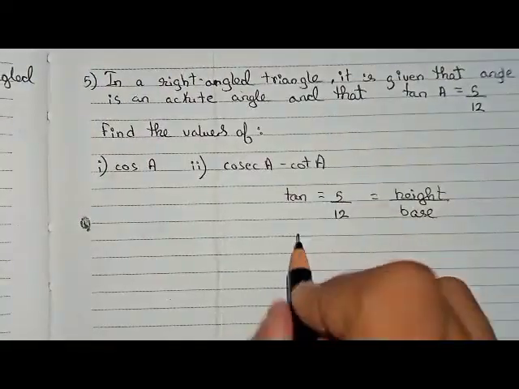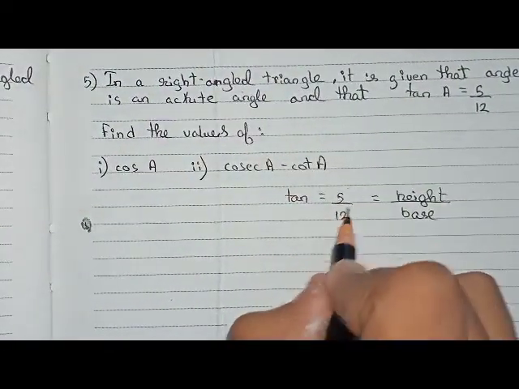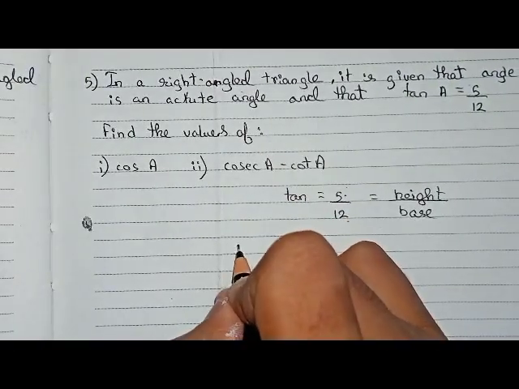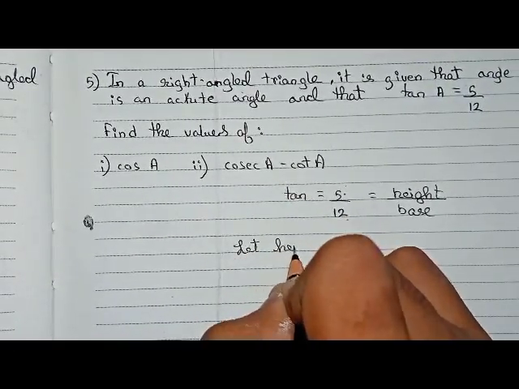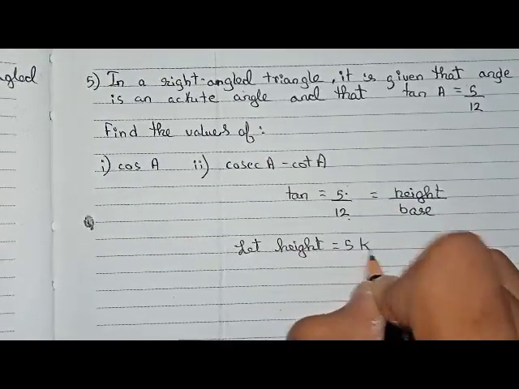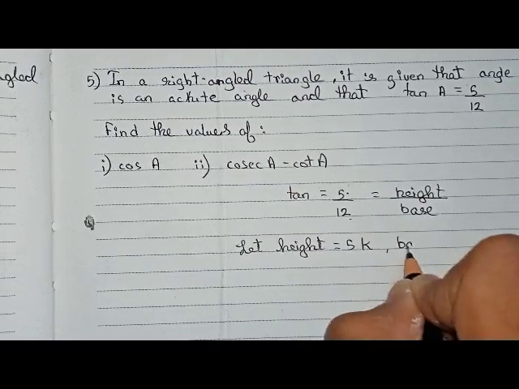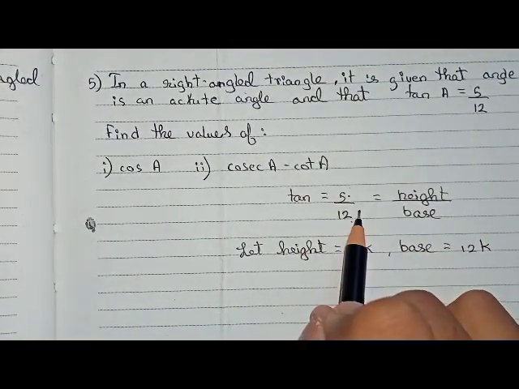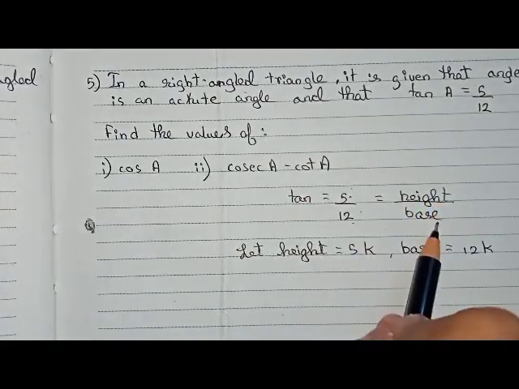But there is a twist here, that we cannot write 5 and 12 directly. We have to write like this. Let height be equal to 5k, and base be equal to 12k. Because this is a ratio, this may not be the actual height and base.